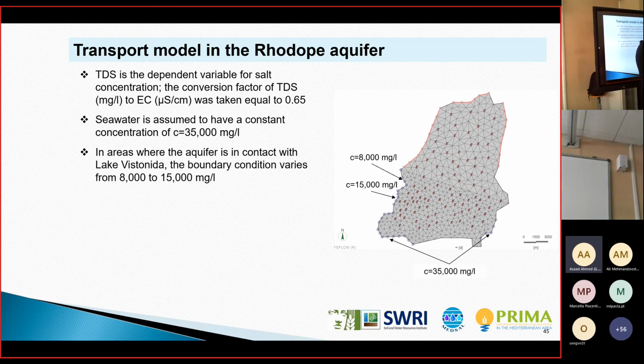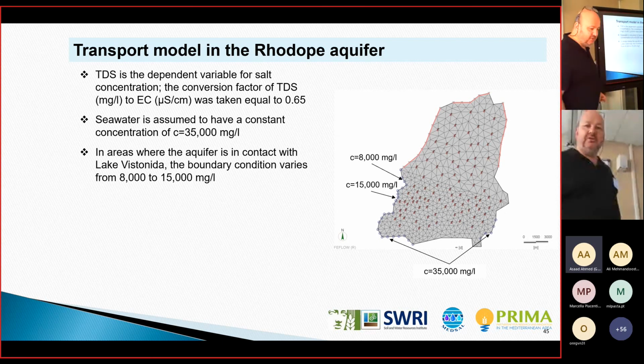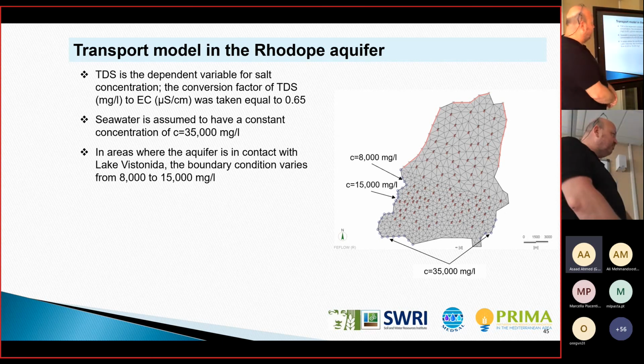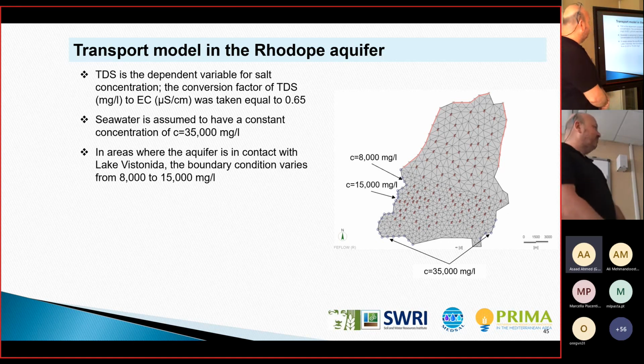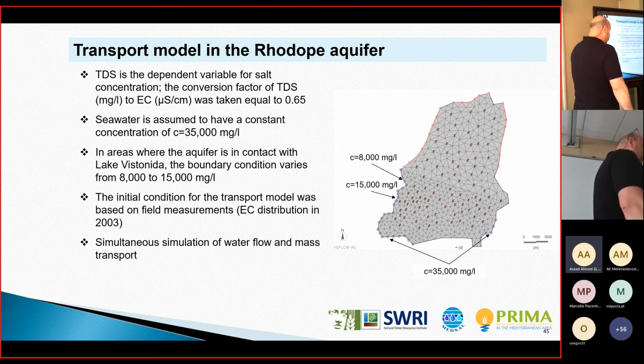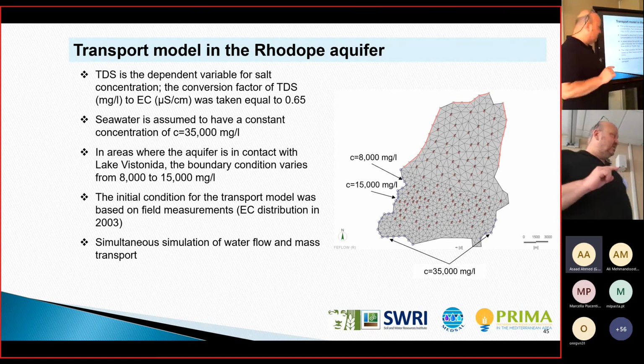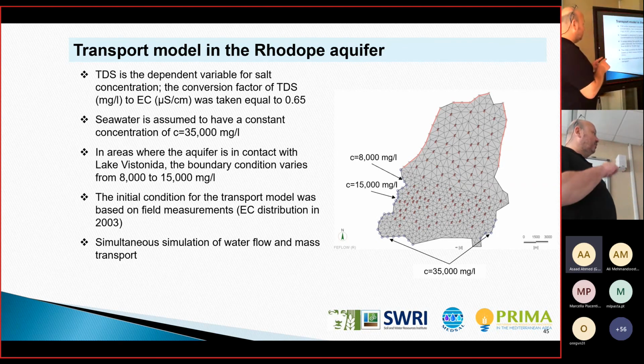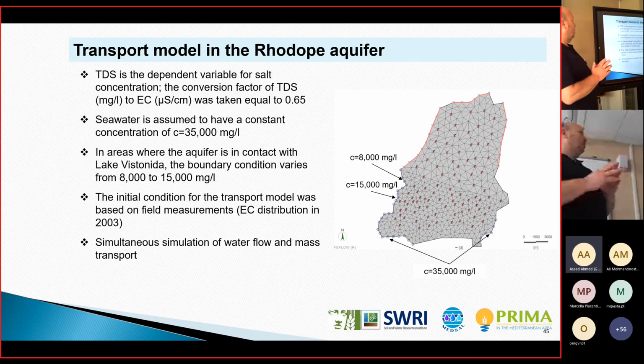And in the Lake Lagoon, Pistonida, we have a boundary condition that for some nodes is 8,000 milligrams per liter, and for some other nodes is 15,000 milligrams per liter. The initial condition for the transport model was based on field measurements, and in this case we ran the water flow and the mass transport model simultaneously.